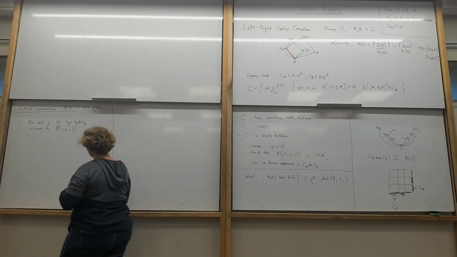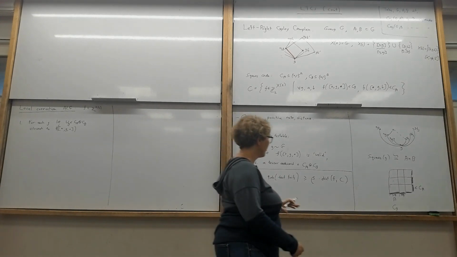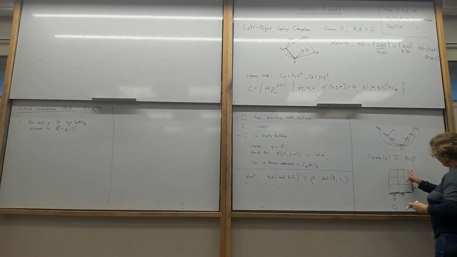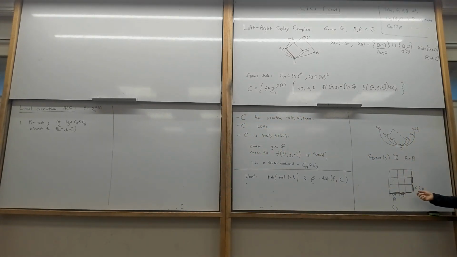So for every vertex, you look at your function restricted to these squares, and maybe you don't see a code word. If you see a code word, you just take that. If you don't see a code word, you just choose a tensor code word that's closest to what you see. And if there's more than one, just choose arbitrarily. Okay, so that's WG.